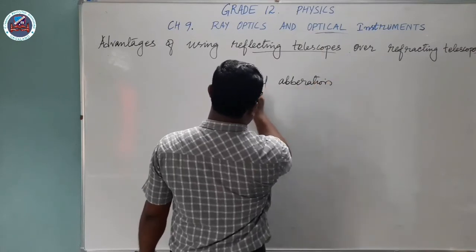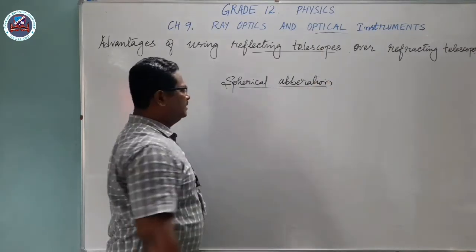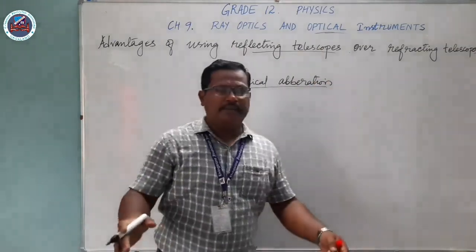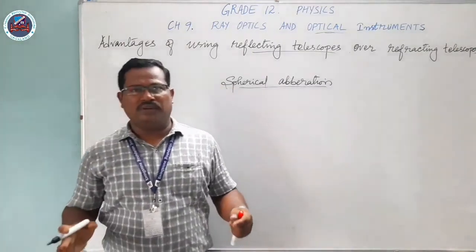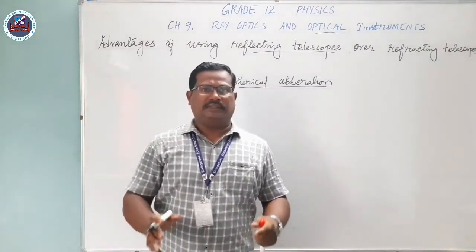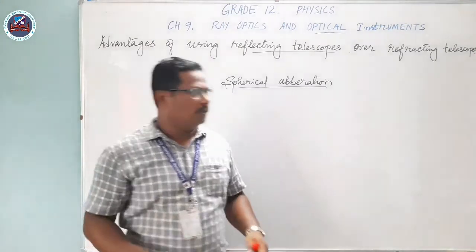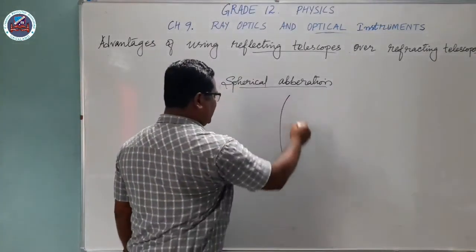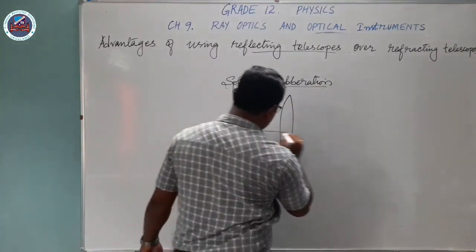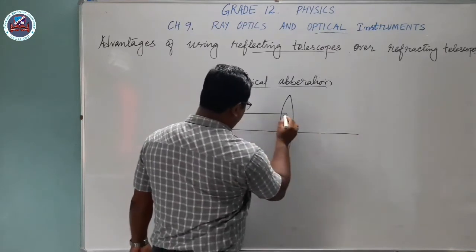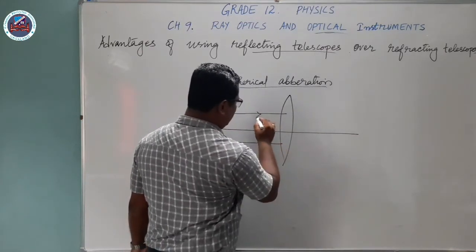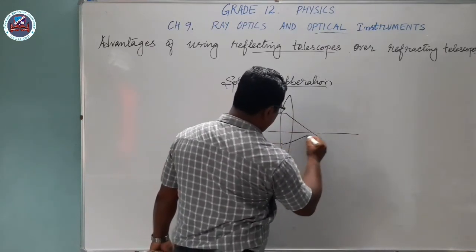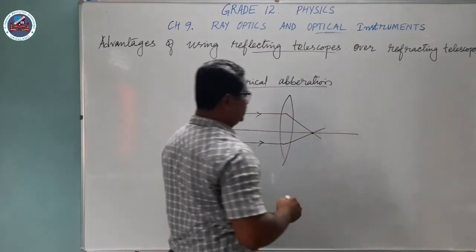Spherical aberration is defined like this: the inability of a lens to converge or diverge the rays at a single point. Suppose I take a convex lens and allow the light rays to pass parallel like this, then all of you know that they must converge at a single point.